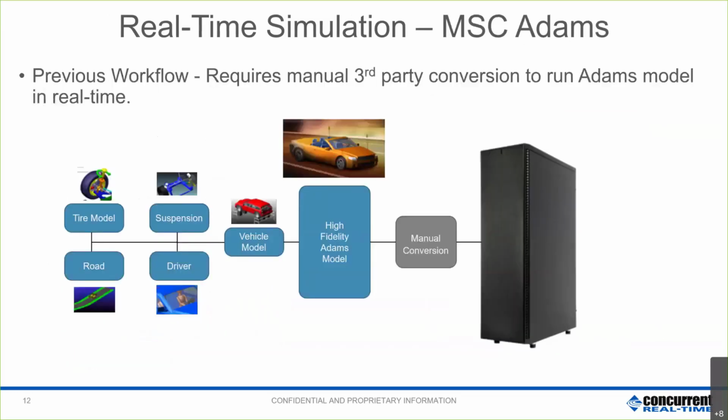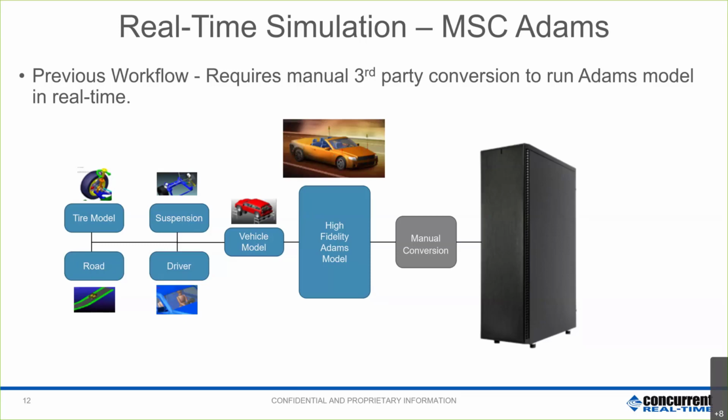Okay, let's move on to actually running an Adams model under Simulation Workbench. I think both Ian and Tony talked about it a little bit, but this is just to give you context. So you have this really high fidelity Adams model that has different components, and it has probably 2000 degrees of freedom or more complexity.